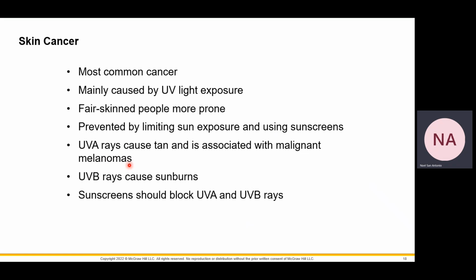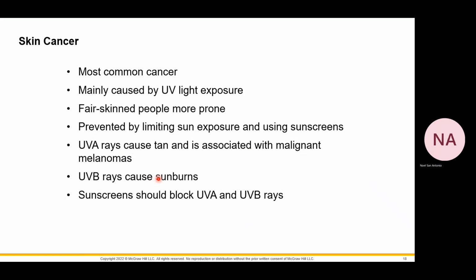And then the second type of ultraviolet rays is UVB. It's the one that causes sunburns. And that is the reason why, when buying sunscreens or sunblocks, you should take time to look at the label.